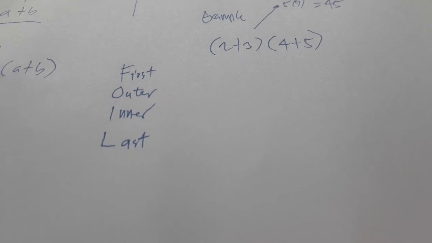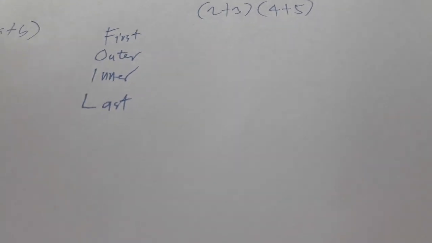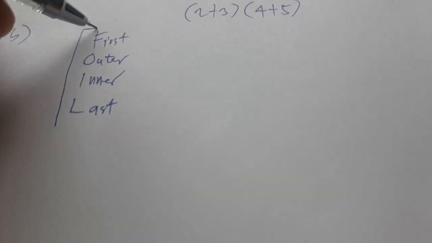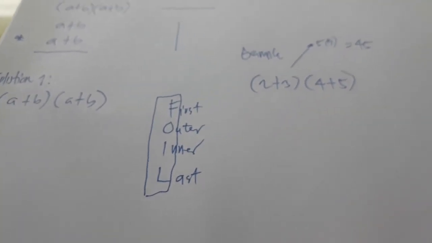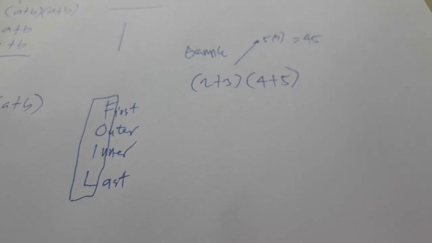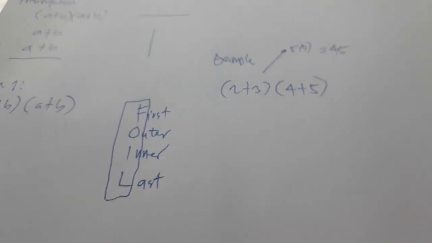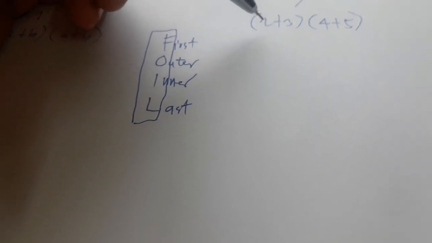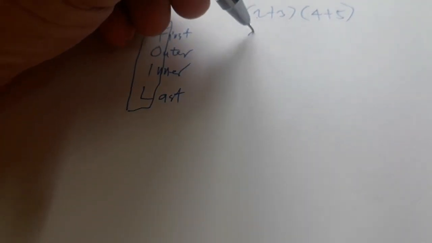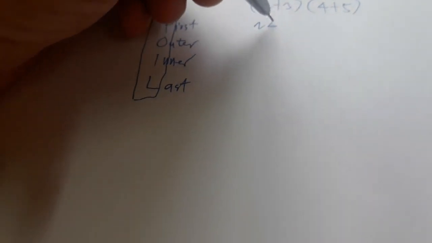By using our FOIL method, we can also get the value of 45. How? First, we will utilize the first terms, in this case the values 2 and 4. So 2 times 4.